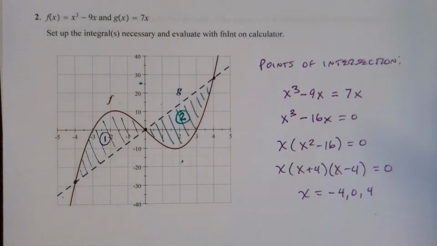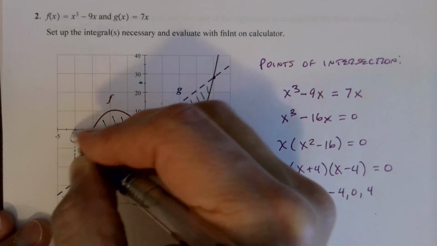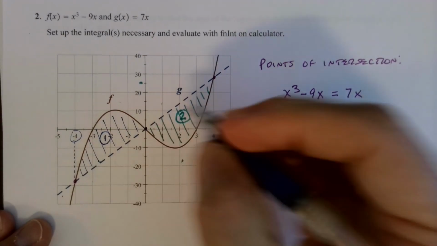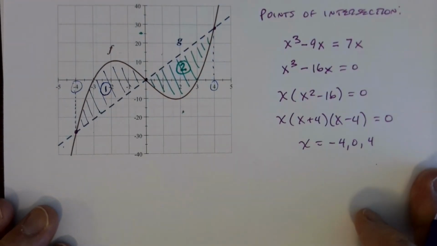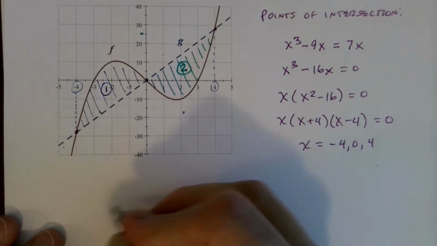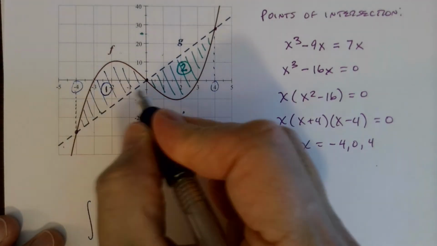What are our limits of integration again? Remember, we're at point of intersection negative 4, of course at 0, and then this point of intersection is x equal positive 4. So we've got two regions. So the area is going to be, first of all, this first region is the integral from negative 4 to 0.